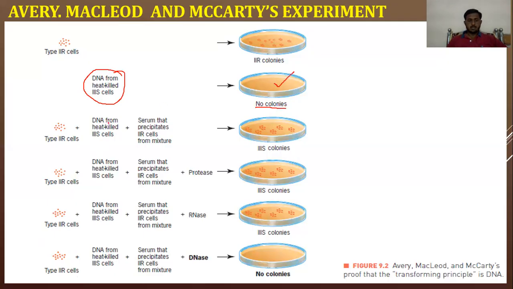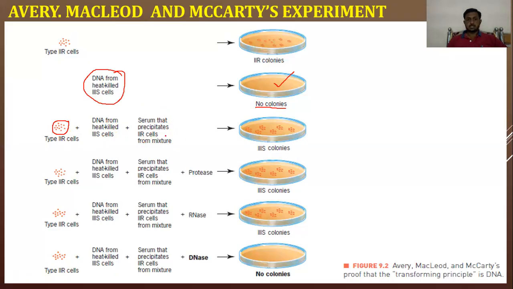Later on, they took R type cells, that is, non-virulent R type cells, and also inoculated the DNA from the heat-killed S type cells and mixed them. That means R type cells plus DNA from the S type heat-killed cells, plus serum that precipitates R type cells from the mixture.